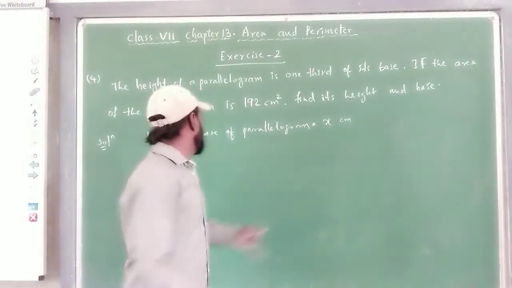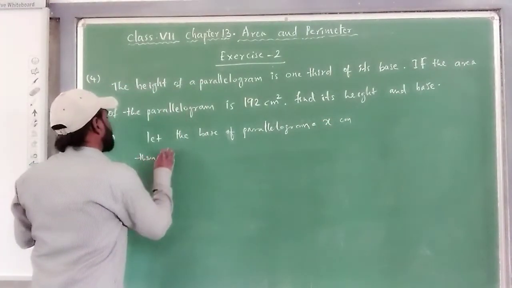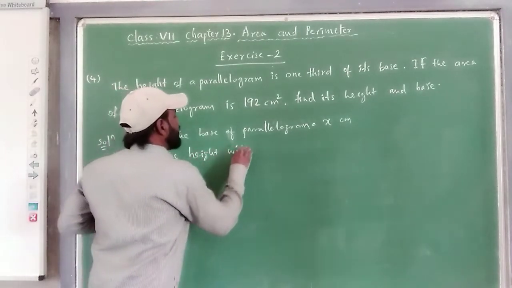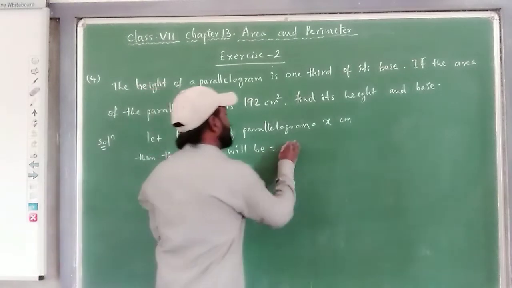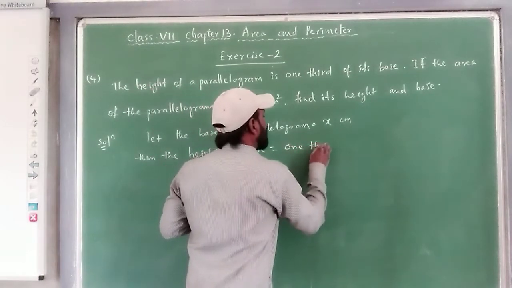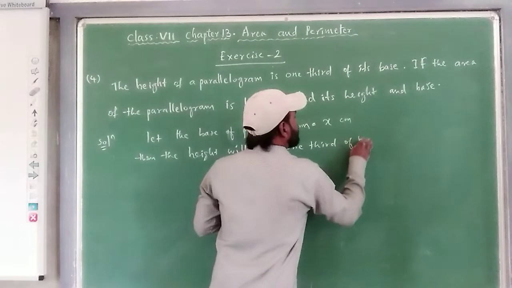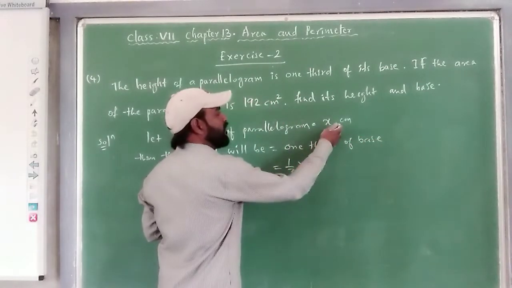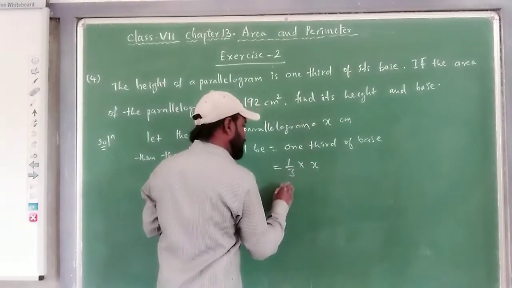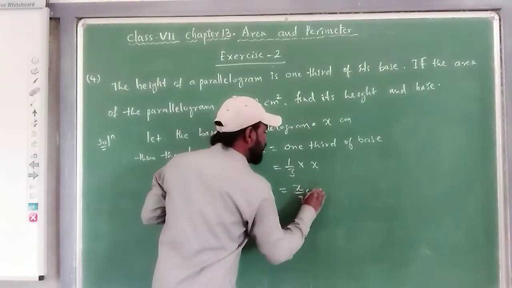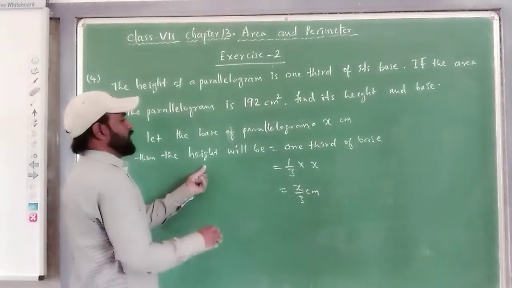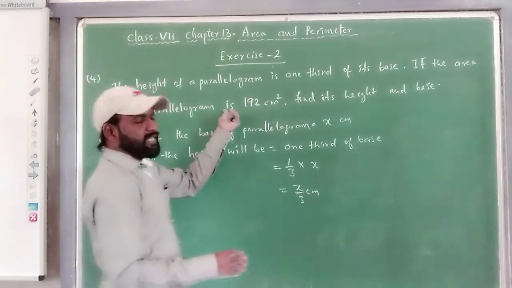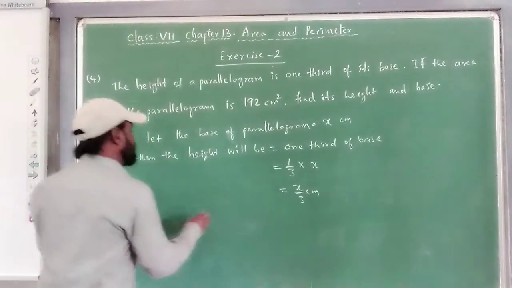So the height will be 1/3 of x, that is x by 3 centimeters. So we got the height, we got the base. We can find the area, but the area is already given. What is that? 192 centimeters.